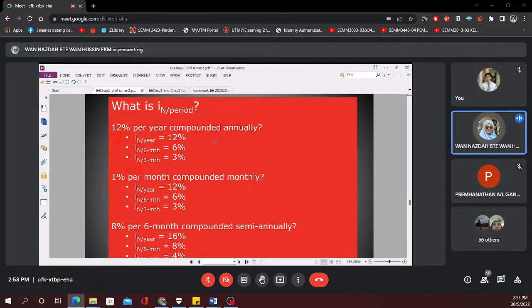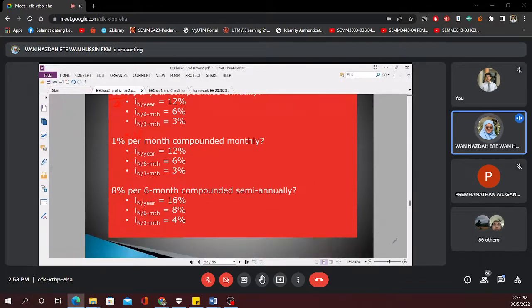All right, if 1% per month compounded monthly, what is I nominal for a period of 1 year? For 1 month is 1%, 12 months is 12%. So for 6 months, you have to multiply by 6 and so on. Okay, boleh?